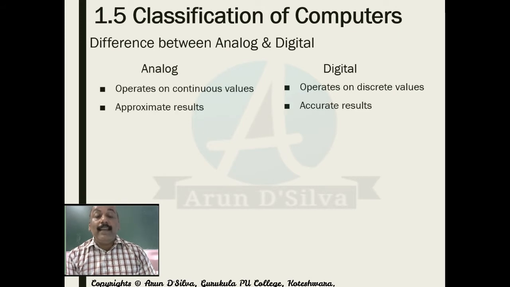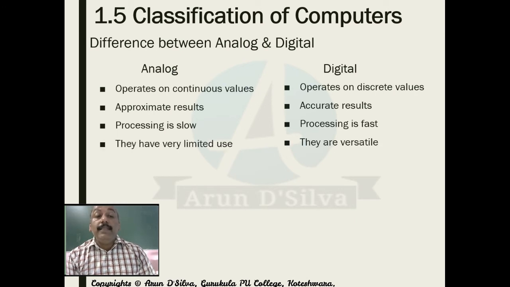The second, analog produces approximate results, whereas digital computers produce accurate results. The third point, processing is slow in analog and processing is fast in digital compared to analog.